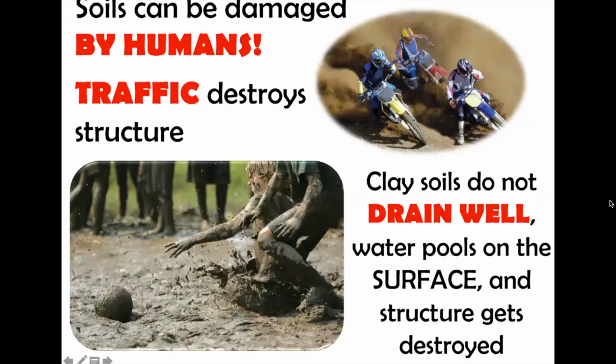And we're going to have a whole presentation on compaction because it is very serious and everyone needs to know about it. But yes, once soil structure is destroyed, you cannot bring it back to its original structure. It is very difficult.